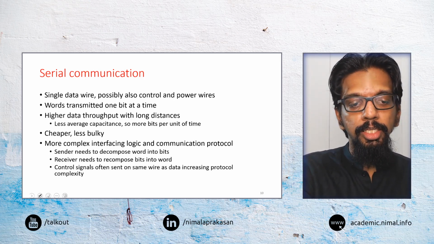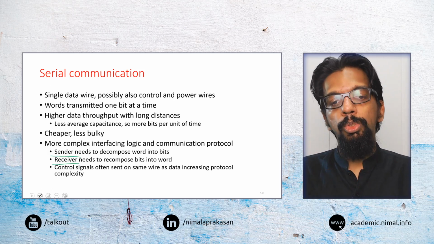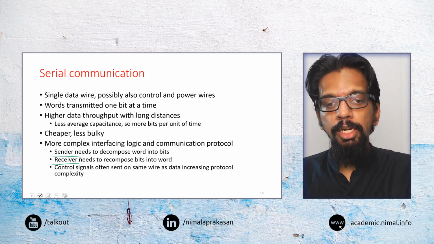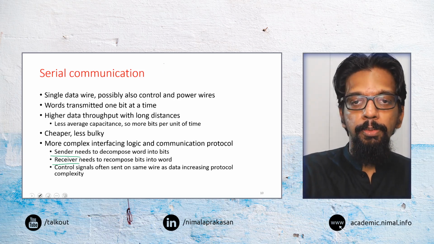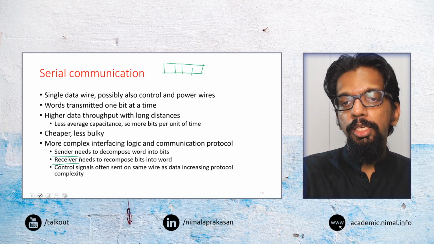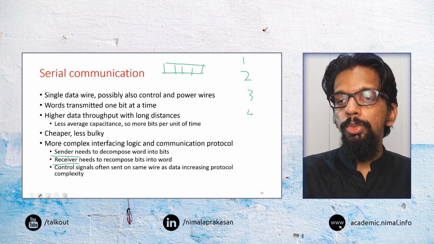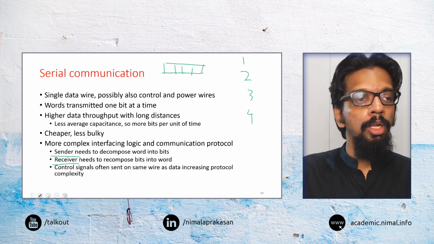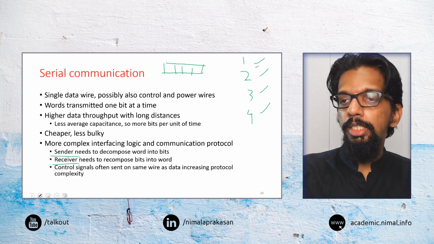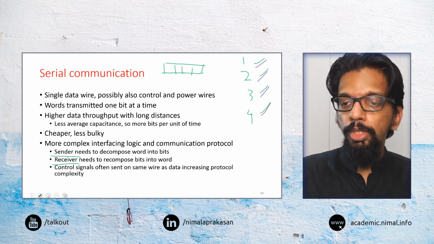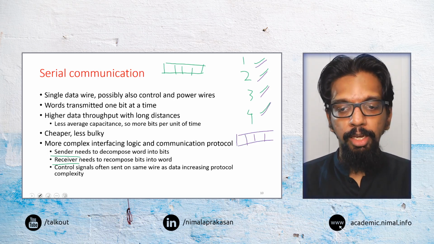So, what we mean by that is, the sender and the receiver both need to understand how to decompose the message and send, and then receive the message and recompose it. For example, say if we are sending these 4 bits, what we will be sending is 1, 2, 3, 4 bits, one after the other, and then the receiver will receive one after the other, and now the receiver has to decide how to build that 4 bits back again.